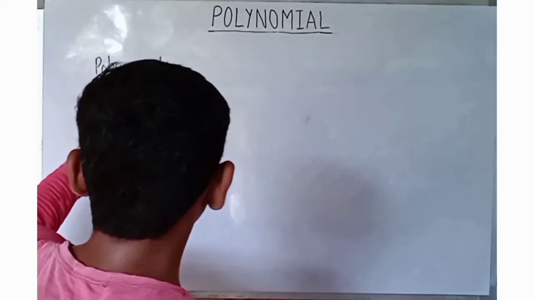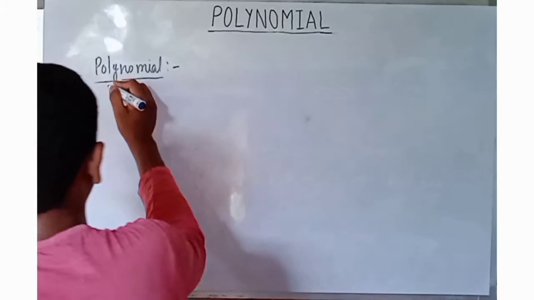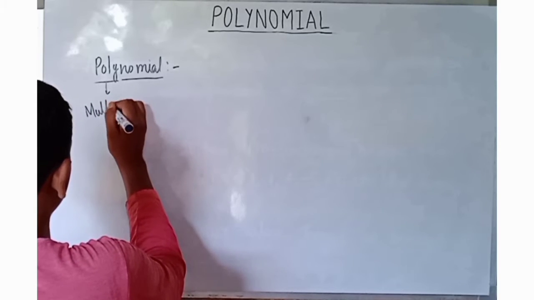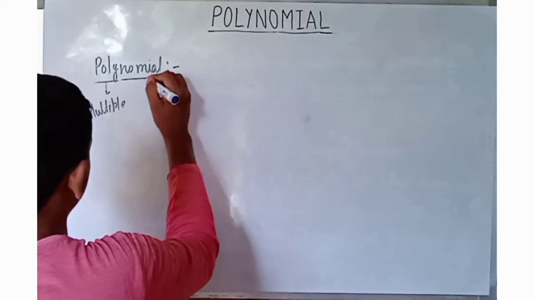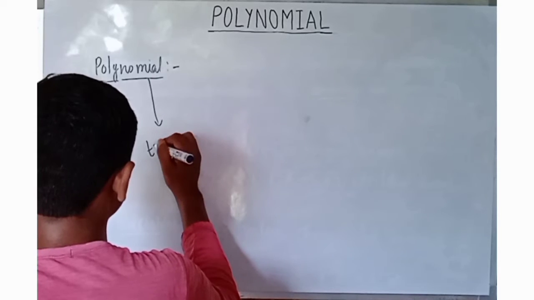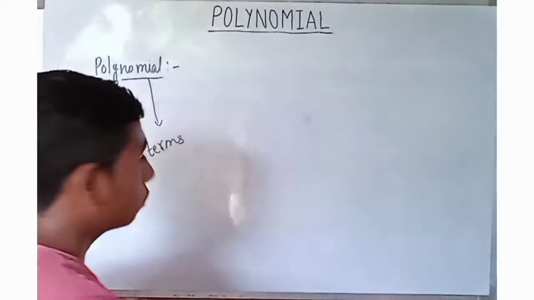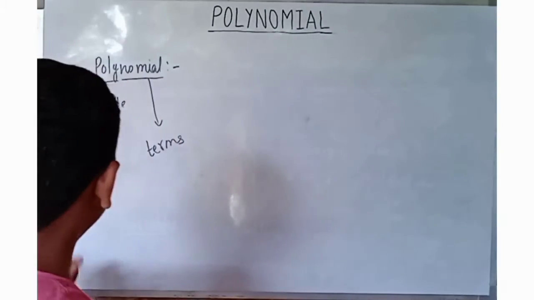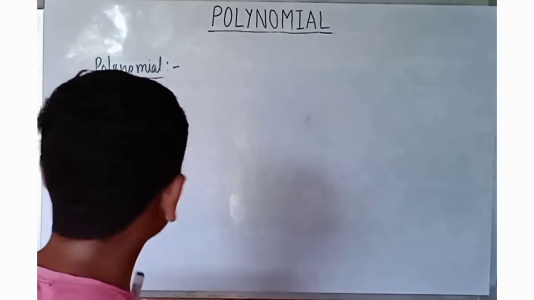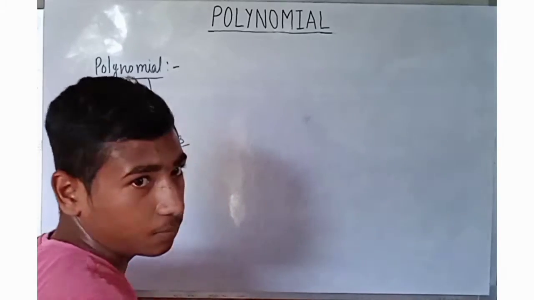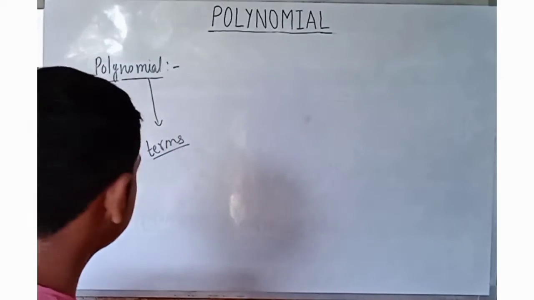Poly means multiple, and nomial means terms. Multiple means more than one: two, then three, four. So what are terms? Terms consist of constants and variables.